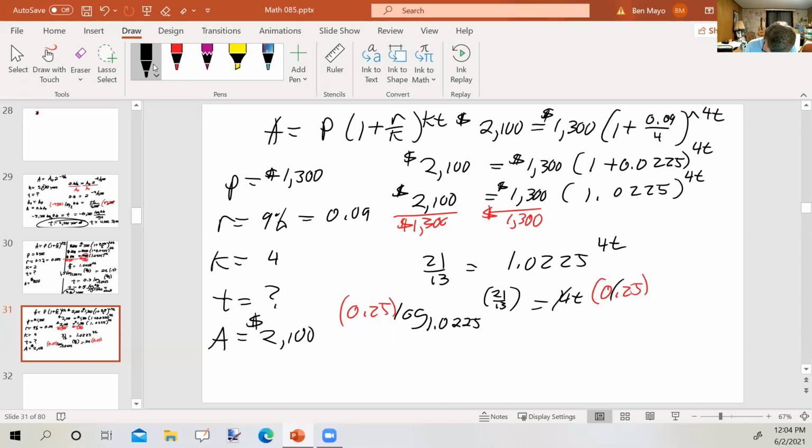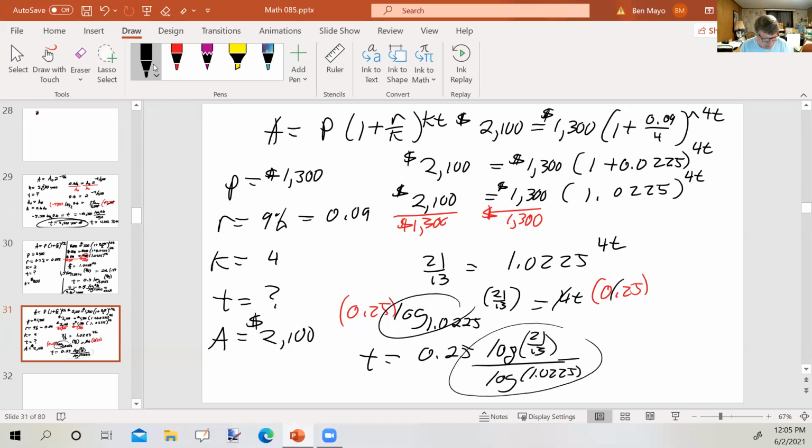So now I get t equals 0.25. I'm going to go ahead and use change of base, log of 21/13 over the log of 1.0225. Okay, so I went from there to here using the change of base formula.